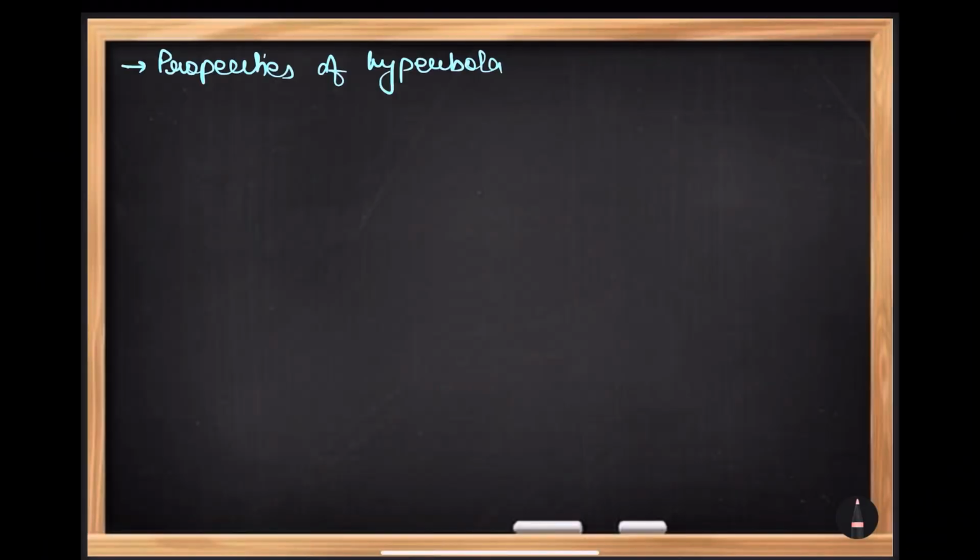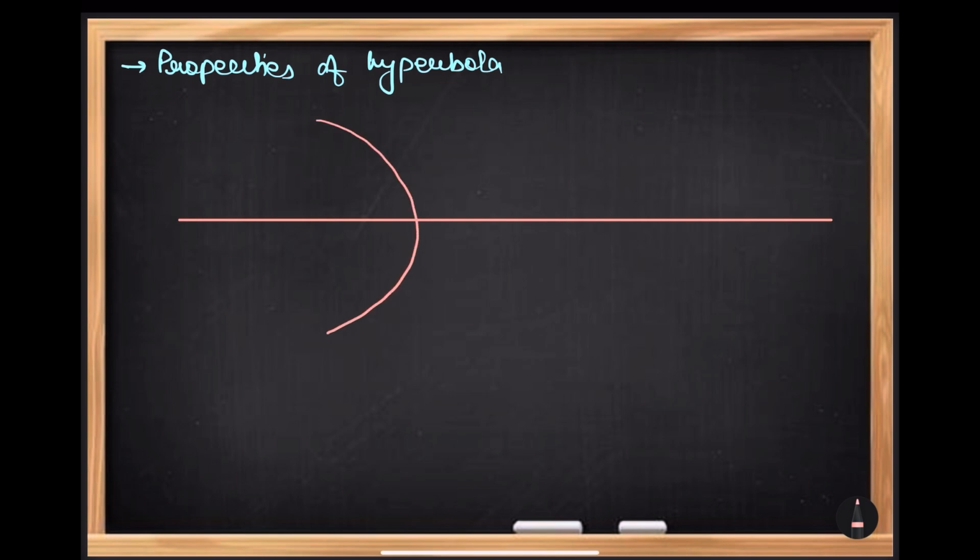Okay, so in this session, we will understand some properties related to hyperbola. Let's deal with the first property first. Look at this. Suppose that we have these wings. This is the hyperbola.